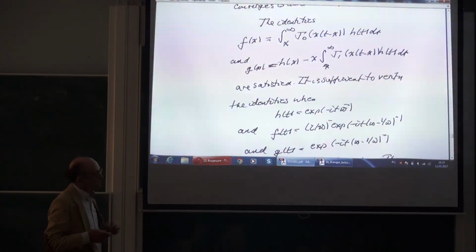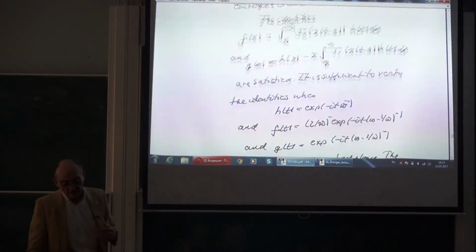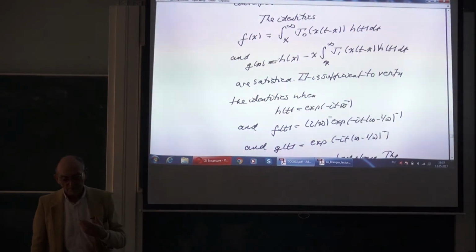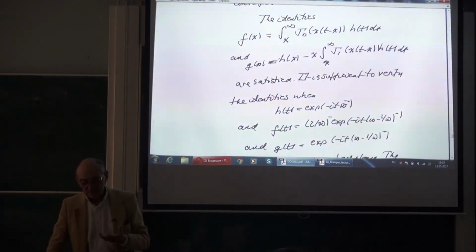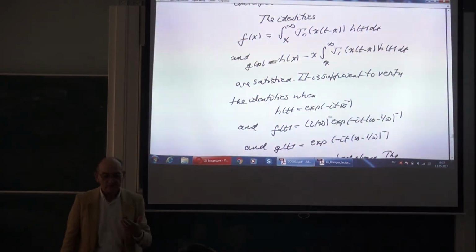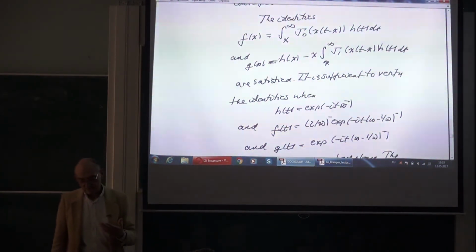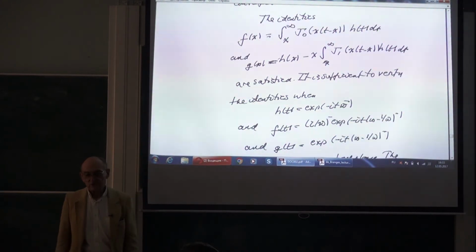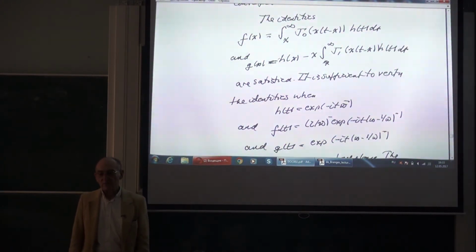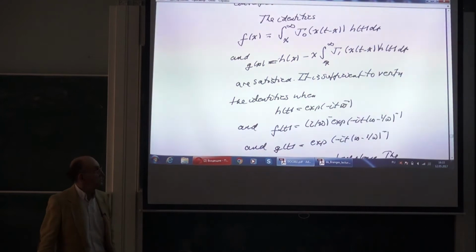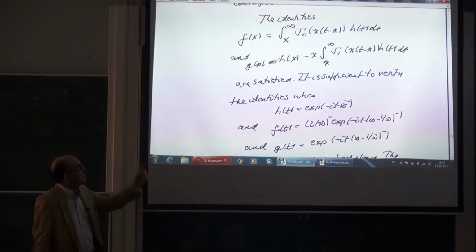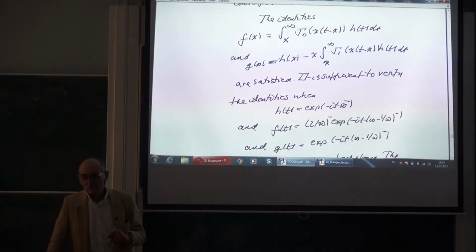If I have a function of positive t which is square integrable, and I'm in the case nu equals 0, so this is the ordinary integral square that you use in Fourier analysis. You're familiar with that. It's not the case where nu is positive. If we have a function h(t), I can define two new functions of positive t by these integrals.